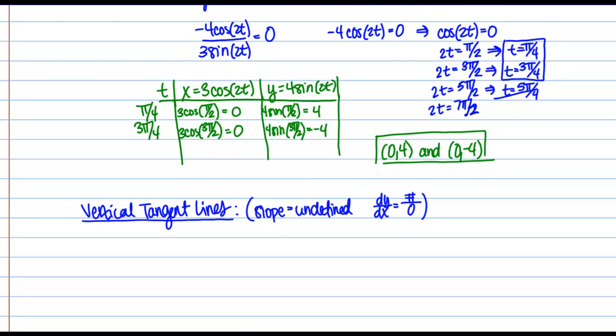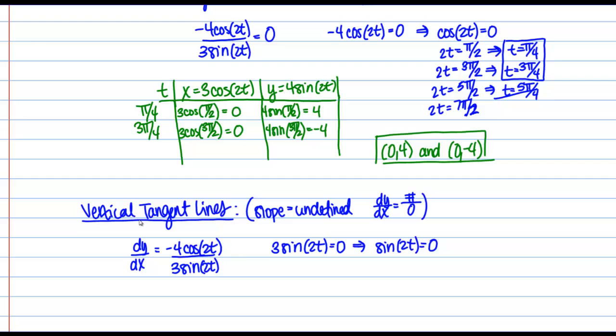So if you recall, dy/dx was -4 cosine of 2t over 3 sine of 2t. I want to end up with a 0 just in the denominator to get an undefined slope. So I'm going to be solving 3 sine of 2t equals 0, or equivalently, sine of 2t equals 0.